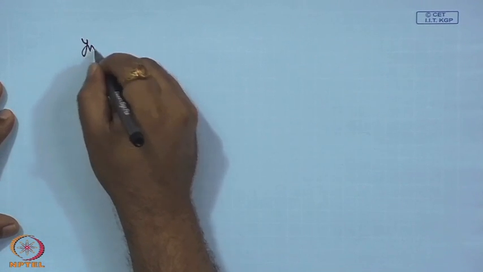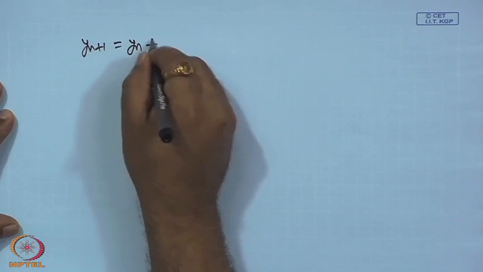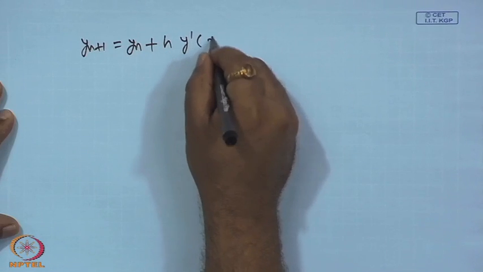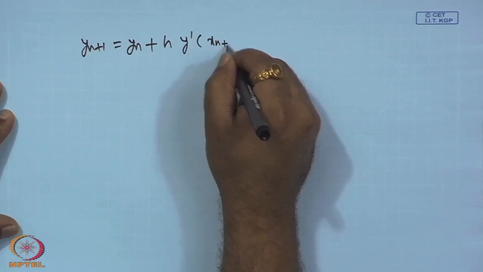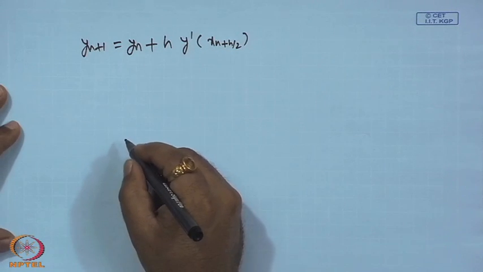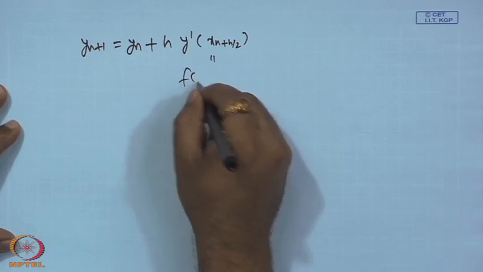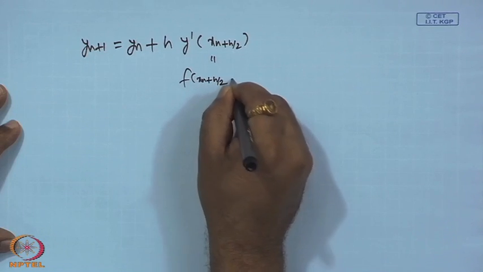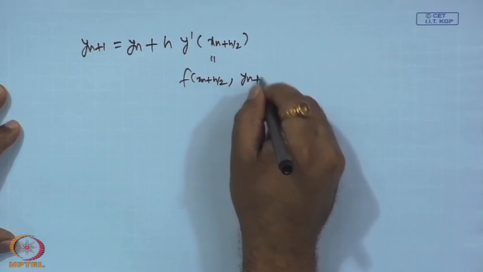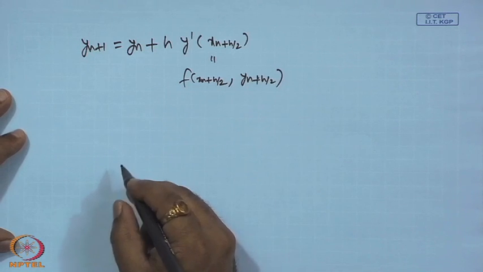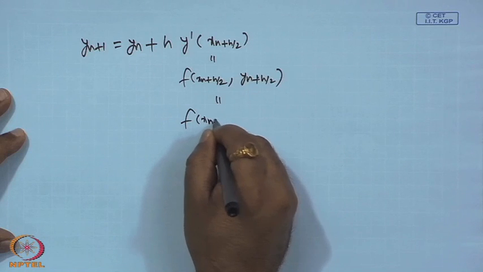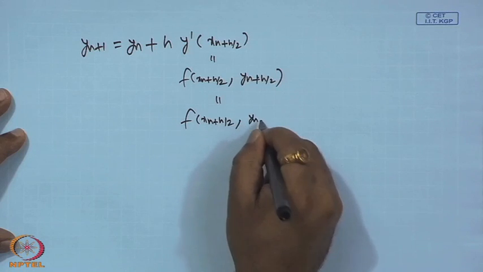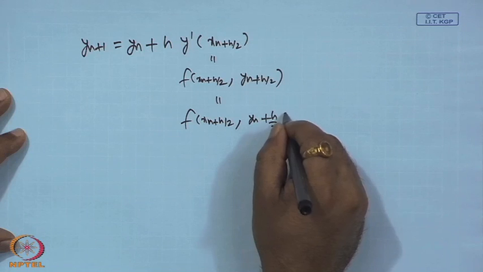So, which means y n plus 1 is y n plus h y dashed of x n plus h by 2. So, this is nothing but f of x n plus h by 2, y n plus h by 2 times f.